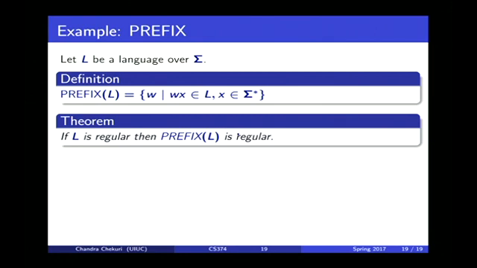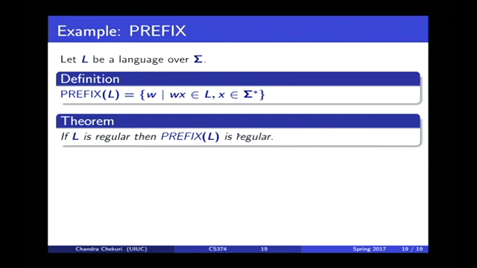What does the prefix operation do? It takes a language and spits out another language. So when we say the set of regular languages is closed under prefix, it means that if you take a regular language and apply the prefix operation to it, you'll get another regular language. It's not obvious that it's true, no? So why is this?